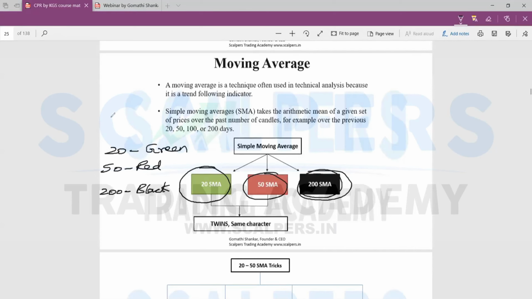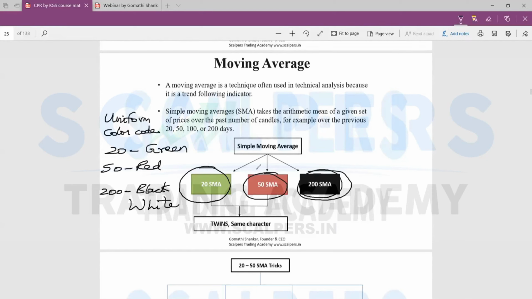This is for uniformity, a uniform color code. So if I am posting any chart, you can easily understand that green is 20 and red is 50.